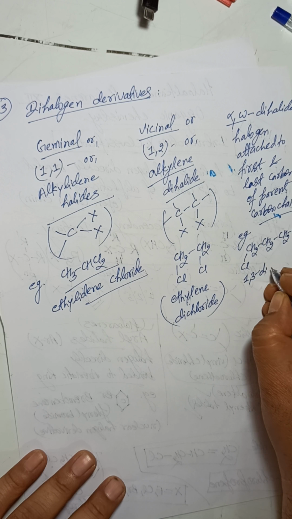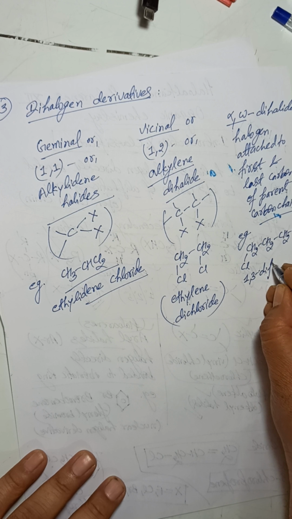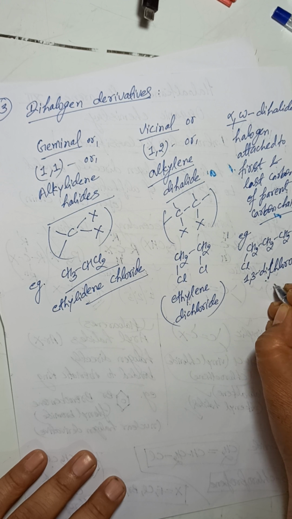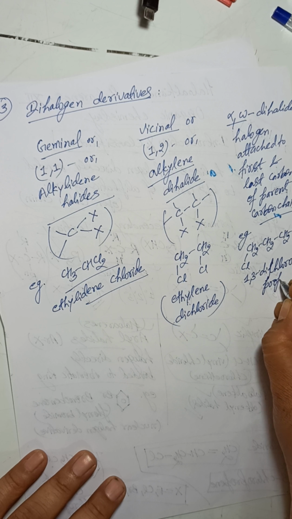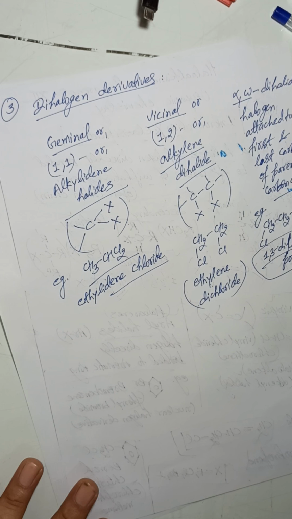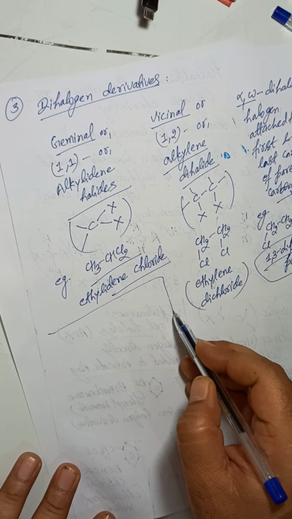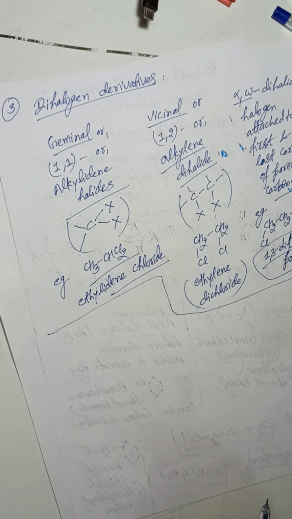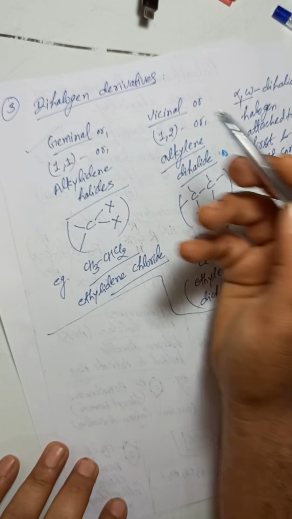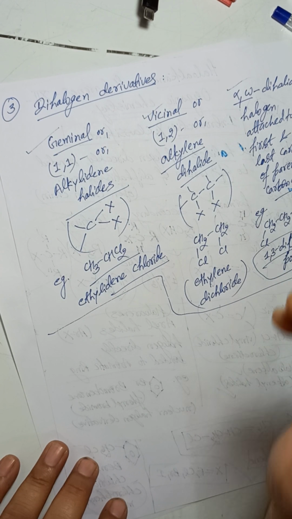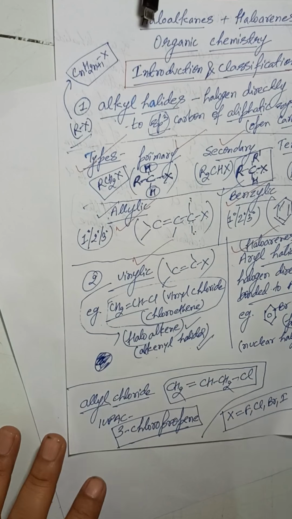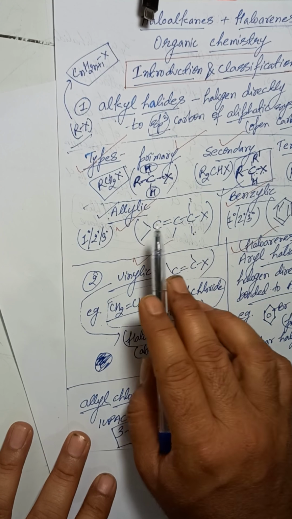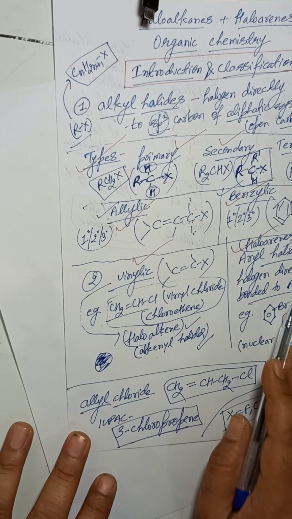It is a type of alpha omega dihalide, 1,3-dichloropropane. So we have covered geminal, vicinal, alpha omega dihalide. We have covered primary, secondary, tertiary, allylic, benzylic, vinylic, arylic.